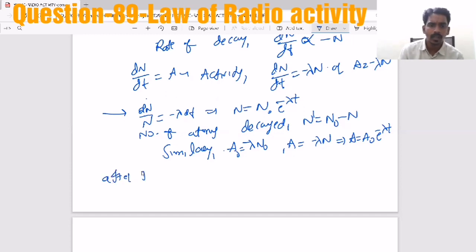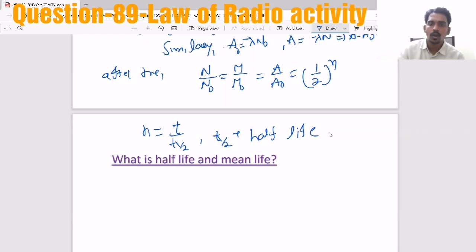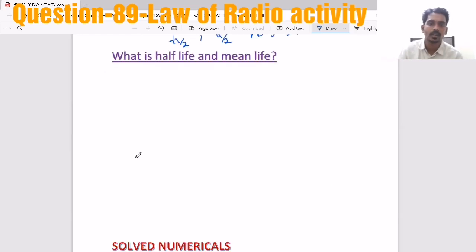Now, after time t, you can make one shortcut formula: n by n naught equals a by a naught equals 1 by 2 whole power n, where n is equal to t by t half, where t half is called half-life. Now, what is half-life we need to understand.